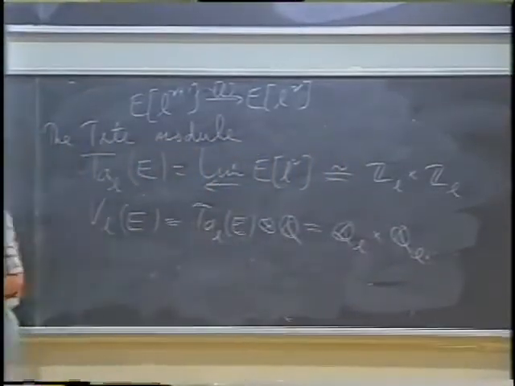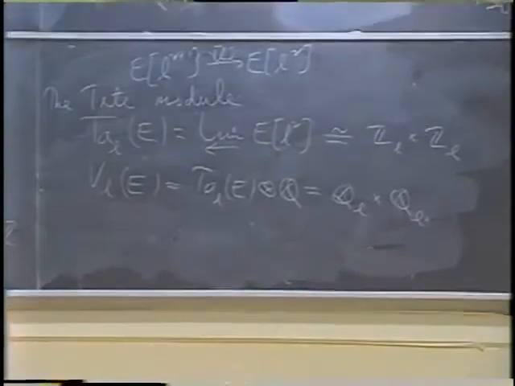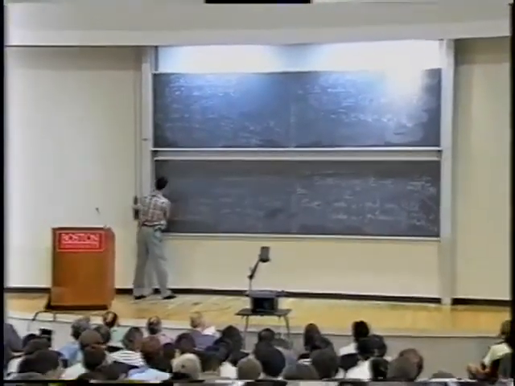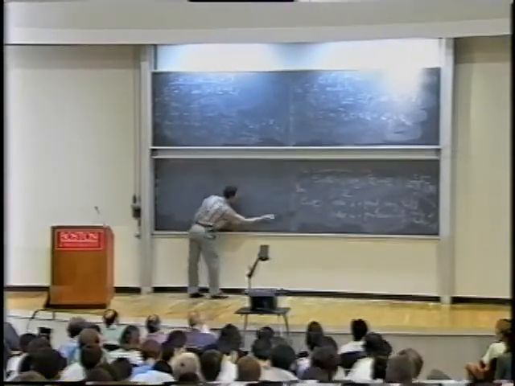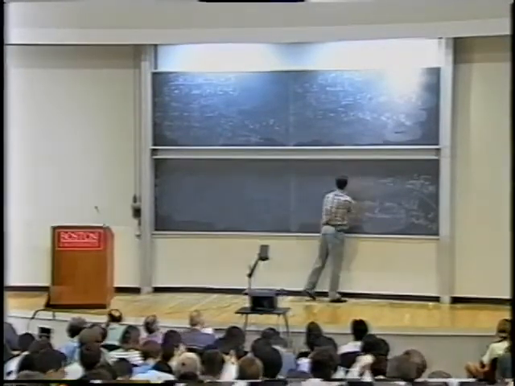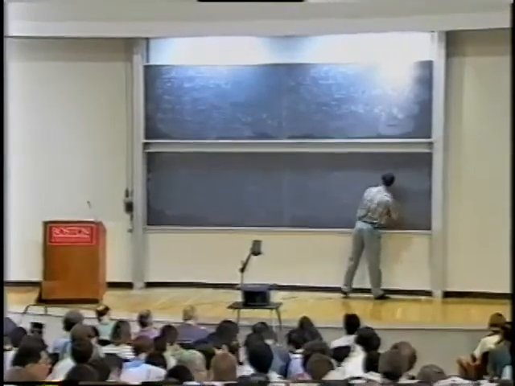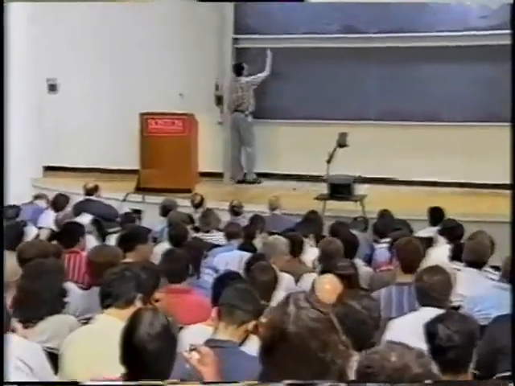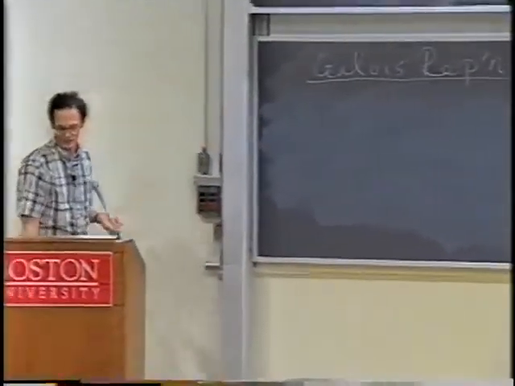You want to think of that as a 2-dimensional vector space, which will be used as a representation space. So attached to an elliptic curve is a representation.